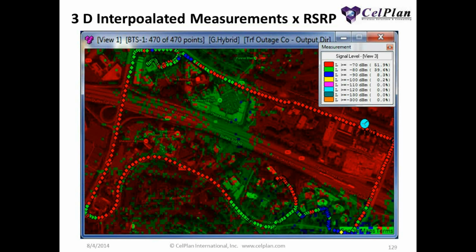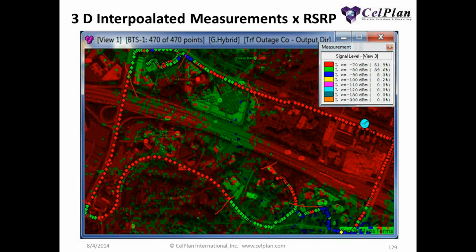Here is the interpolation now shown. You can see it starts here green, ends here red, with a small green area here, here, here. So it really does predict very well. And it's a very complex 3D interpolation. It was the thesis of one of our top researchers here, and it really works very well.